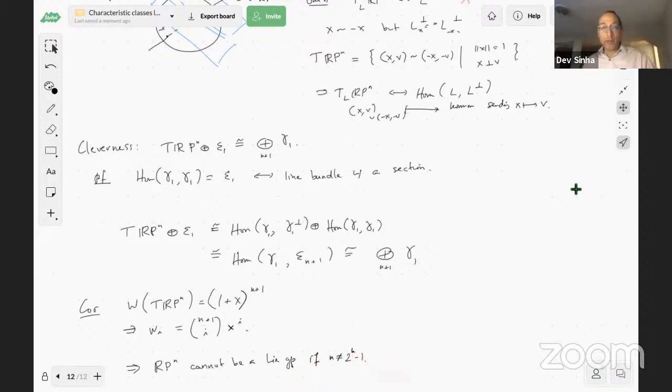Because of binomial coefficients mod 2, some binomial coefficient is not vanishing unless I've got a power of 2. By the way, the very top one, Wn plus 1, is 0 always, just because we're over RPN, and so x to the n plus 1 is 0.